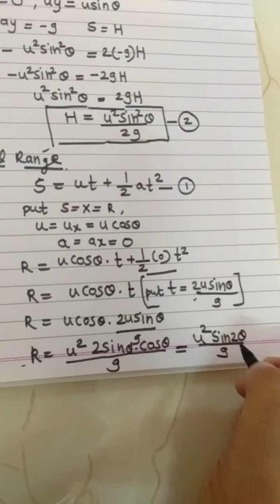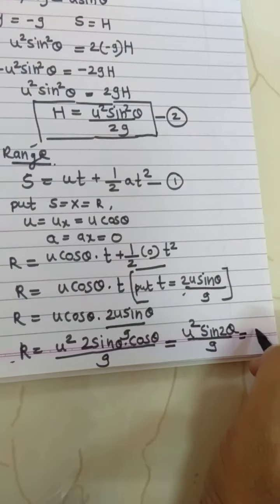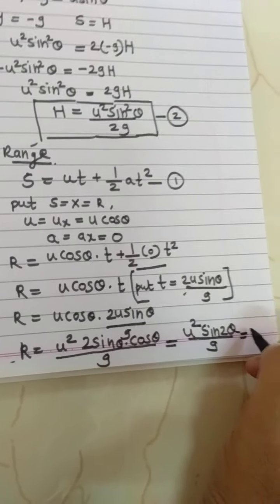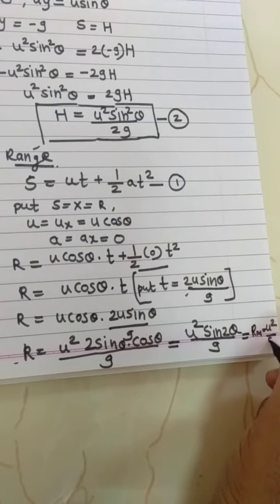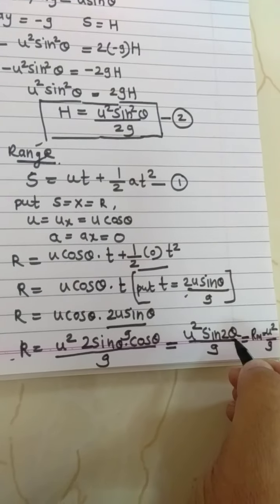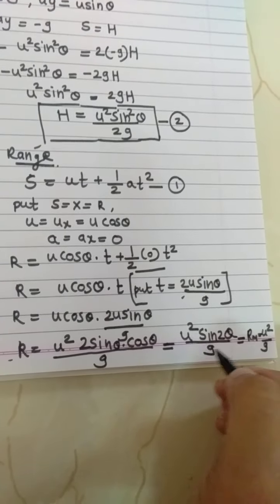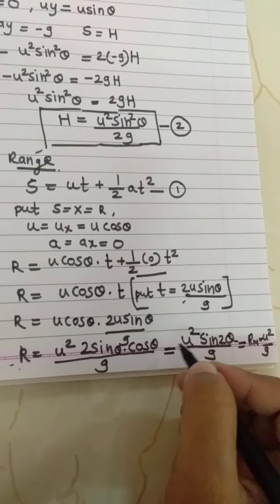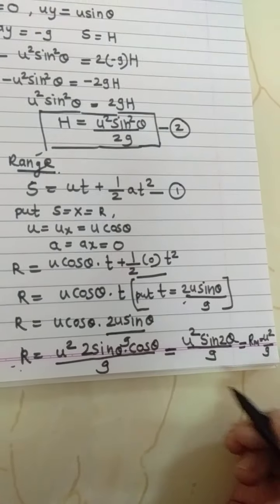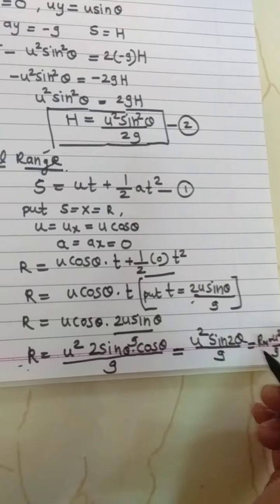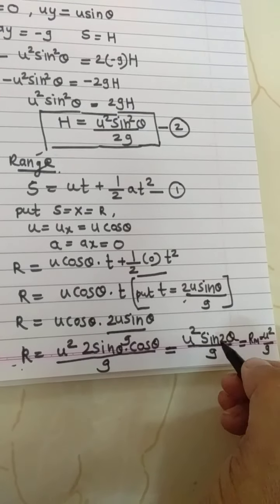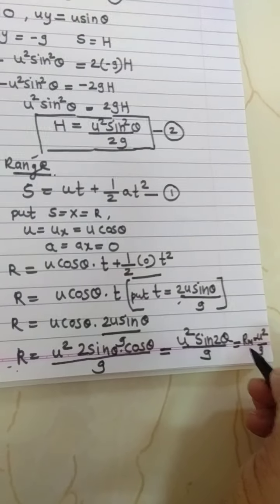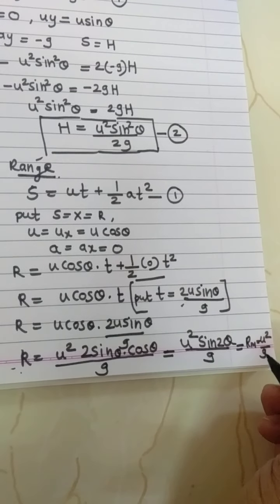So you can write the equation for R max, that is Rm is equal to u square upon g, for which we have to put theta as 45 degrees. So R is equal to u square sin 2 theta upon g, this formula we have got, and if you want the maximum range, you have to put theta as 45 degrees. We will get the maximum range, that is Rm is equal to u square upon g.